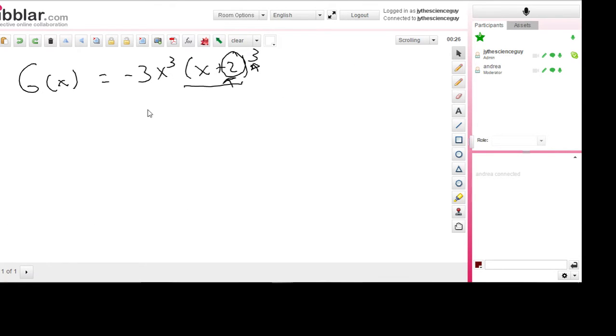First of all, I'm trying to do x plus 2 cubed, right? And so I'm going to set it up by writing in my coefficients first. So my coefficients were 1, 3, 3, 1.